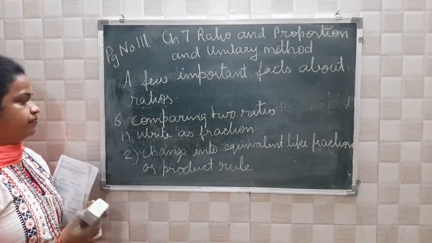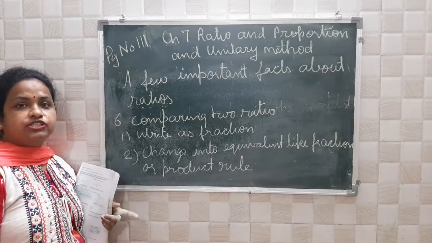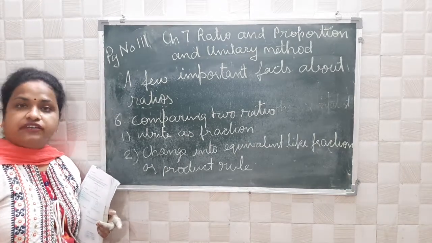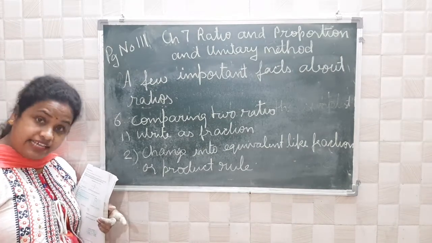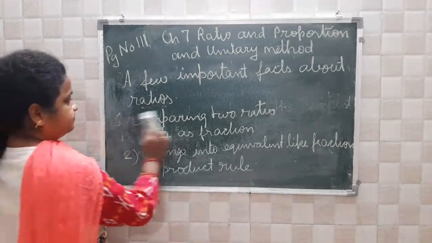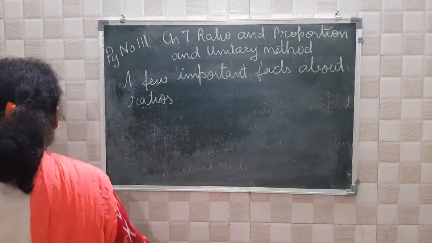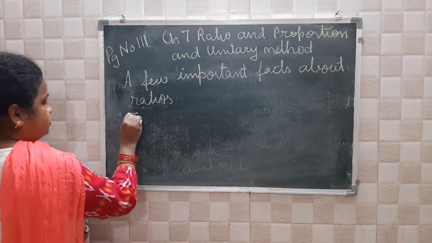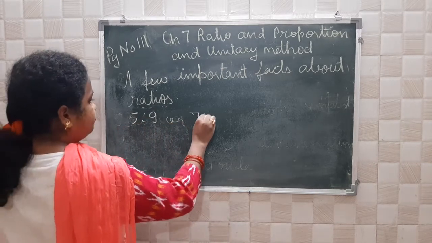Okay. So let us see one example. When you have to compare two ratios, firstly you will write as fractions, and secondly you will convert into equivalent like fractions, or you can do it by the product rule. Now, see one example: 5:9 or 7:15.